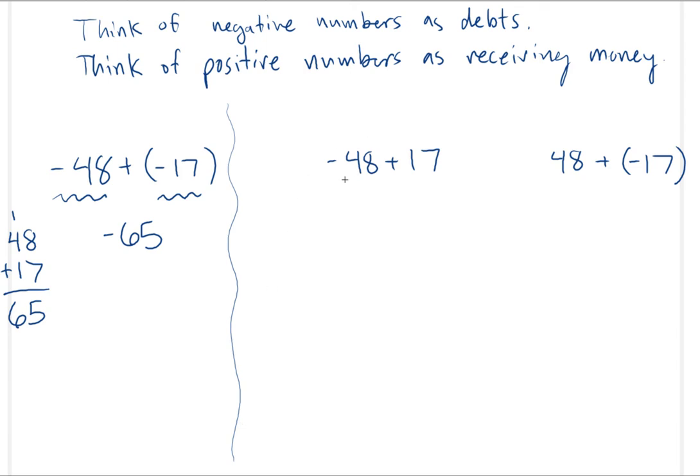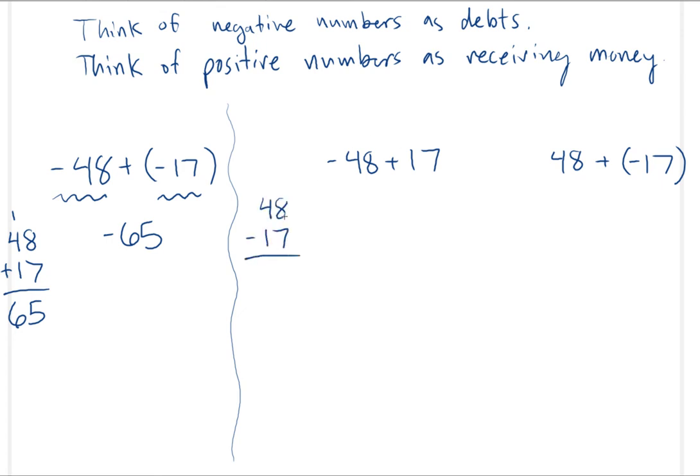Okay, what about this situation? I'm in debt $48, but then I just received $17. Where would I stand now? Intuitively, we would be better off than we were, but because the money we received was not as big as our debt, we're still in debt. So that's where we have to take the difference.